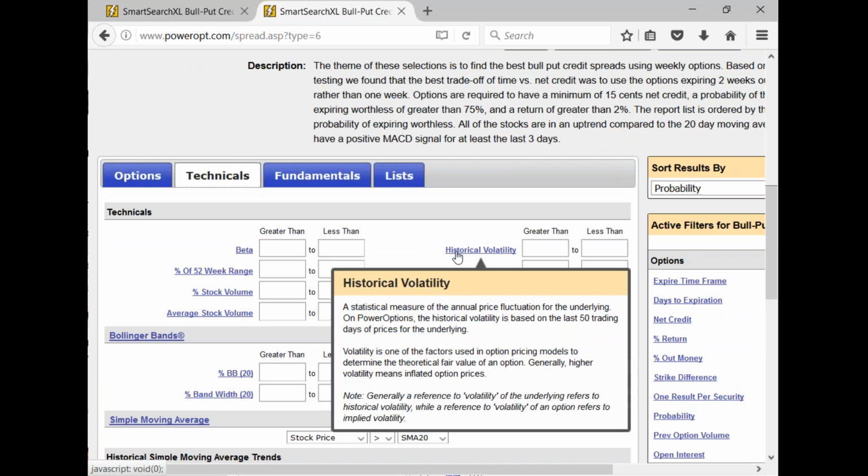Now, it's not beta. Beta is a measure of the movement of the underlying security in comparison to the S&P 500. The historical volatility is a statistical measure of the price fluctuation of the underlying, and we usually show it on the last 50 days of trading, the 50-day volatility, okay? Now, that's used in the pricing models to calculate what is the theoretical or Black-Scholes value of an option, okay?